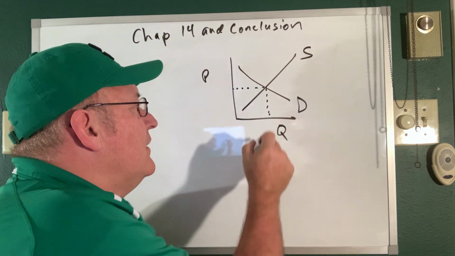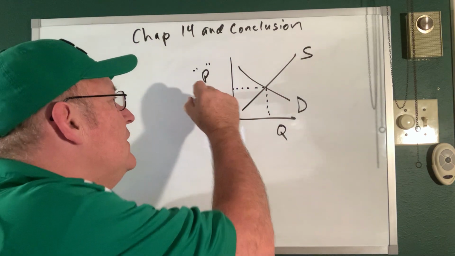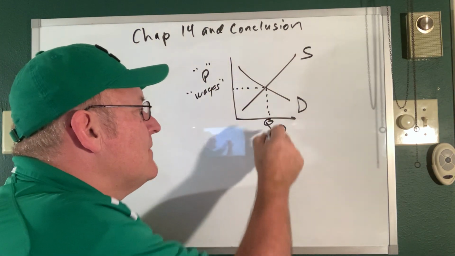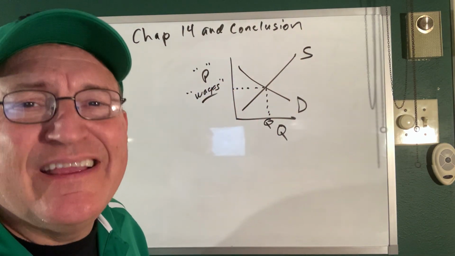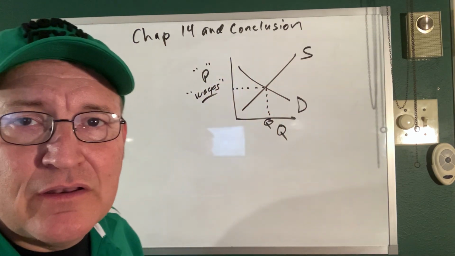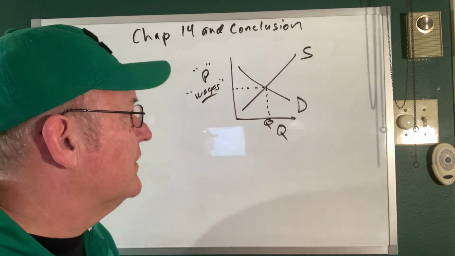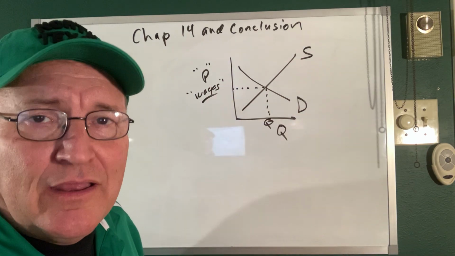The thing that's a little bit different is the price of labor is called wages. And there is, in theory, an equilibrium price or equilibrium wage rate in a labor market that results in the quantity supplied equaling the quantity demanded, just like a normal market. And again, without belaboring the point, this market operates like any other market.